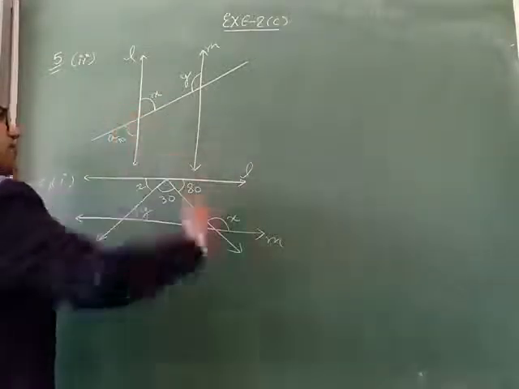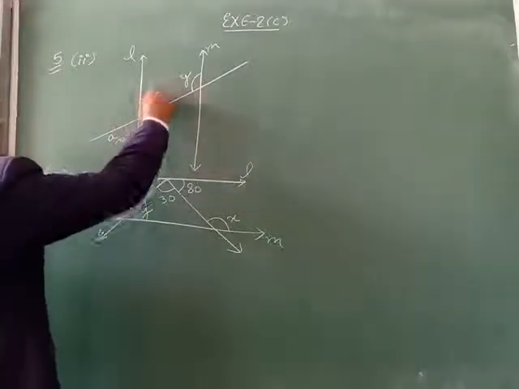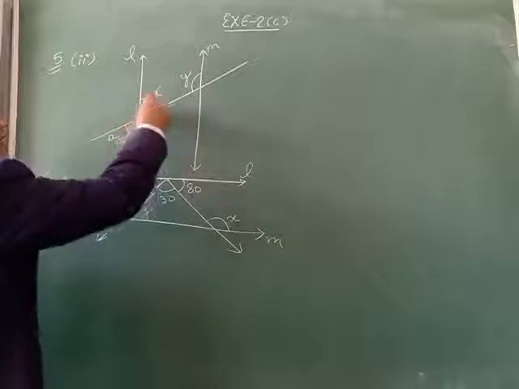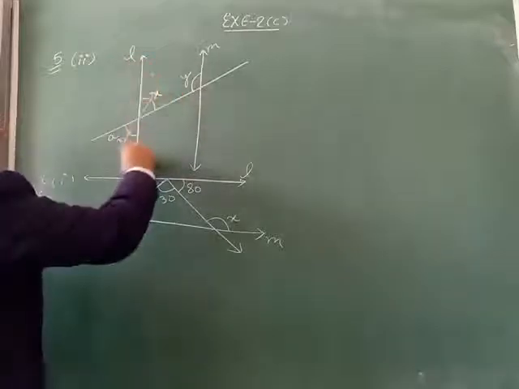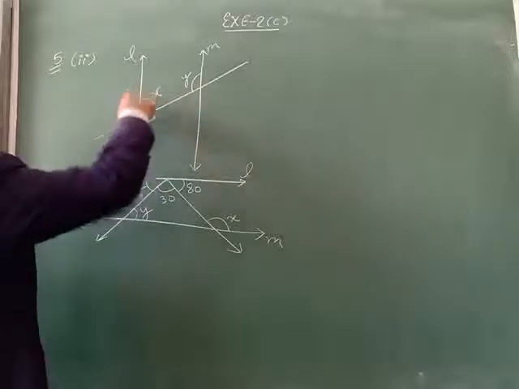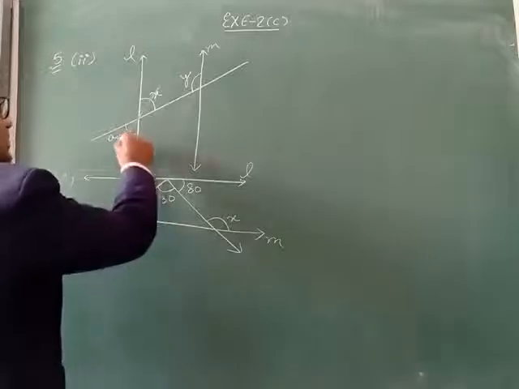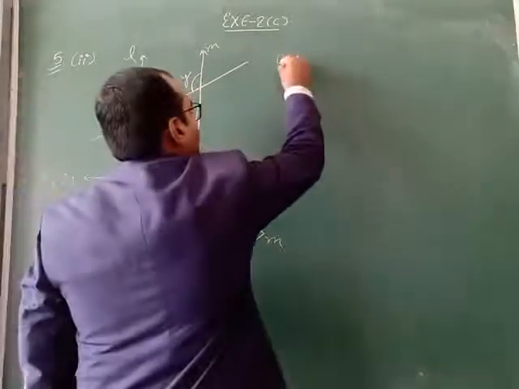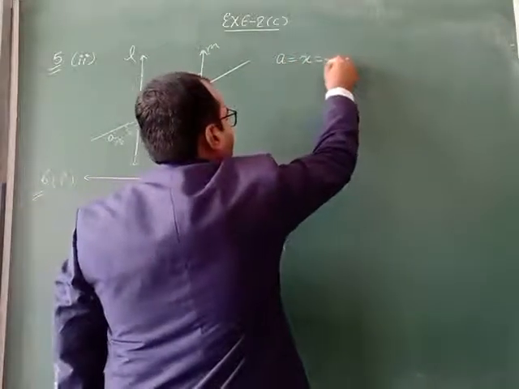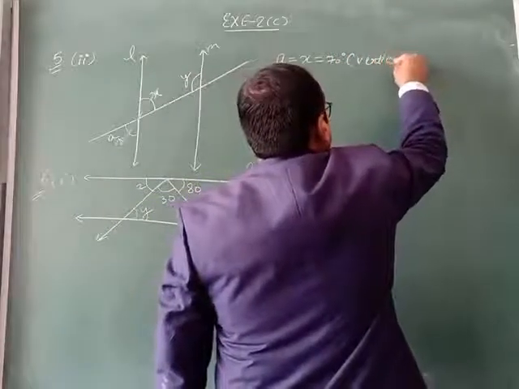This is A. First of all, with the help of this A, we will find X. These two are vertically opposite angles. This is a cross, an X shape figure is coming. So these two angles will be vertically opposite angles. So A and X both will be 70 degrees because these are vertically opposite angles.